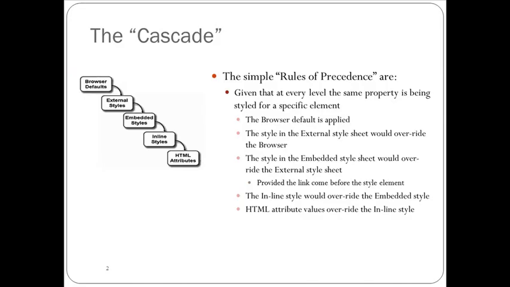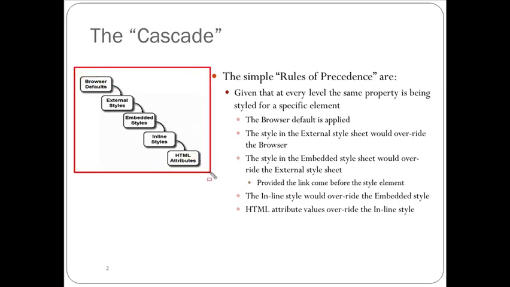The simple rules of precedence, or the cascade, are relatively easy to understand. You can see in this diagram on the left the cascade from the browser to external to embedded to inline to HTML attributes. The simple rule here is that given that you have the same declaration for the same element at each of these 6 different levels, which one gets applied to that?